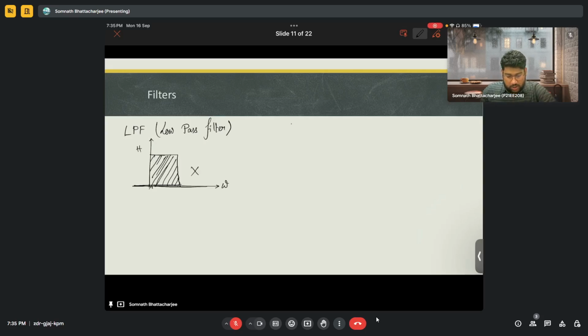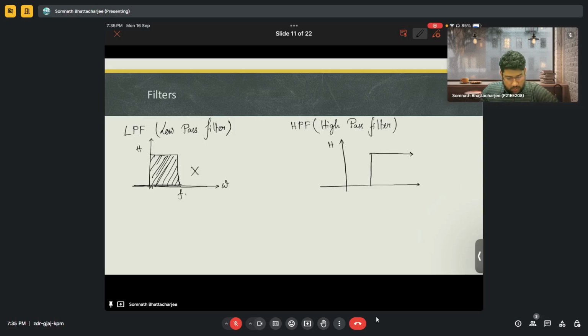Apart from this, there is also the HPF, which is the counterpart of a low pass filter, that is the high pass filter. If we know that our signal belongs to the higher frequency region but not the lower frequency region, this is called the high pass filter.